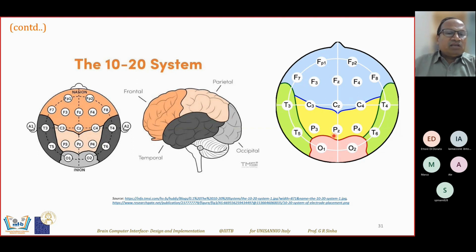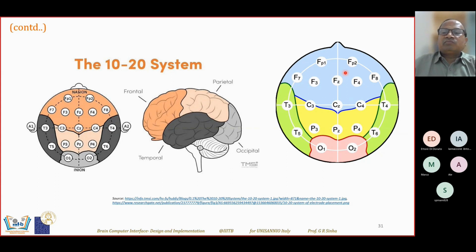And what is C? Maybe central cortex area. Occipital is O, F is frontal, P is parietal, like this. T is temporal, of course. So this side, the green colored area is the temporal area. Look here, T4, T6, and T3, T5, and this entire area is the frontal area.